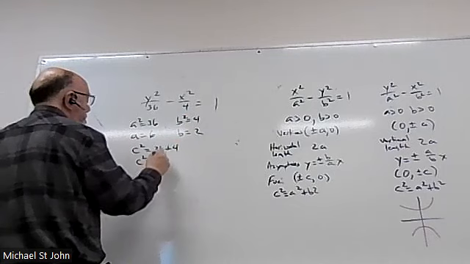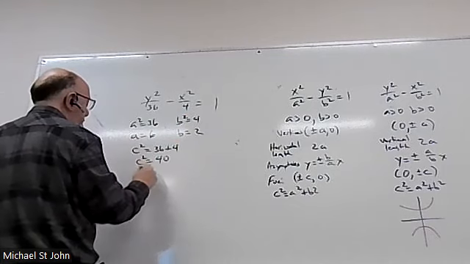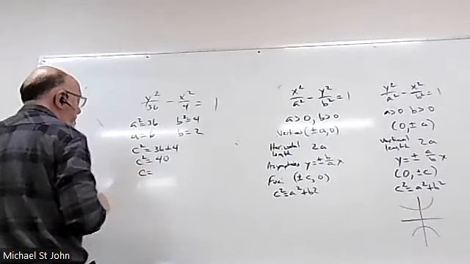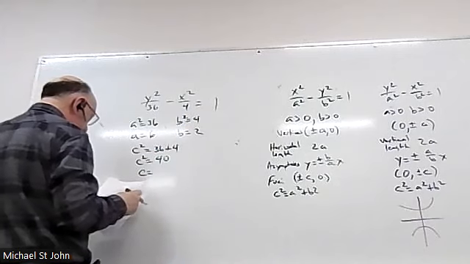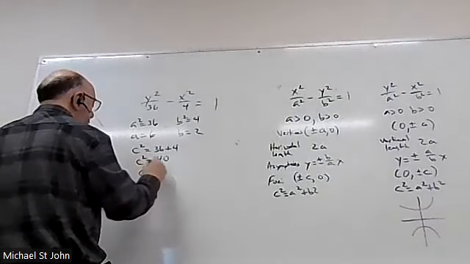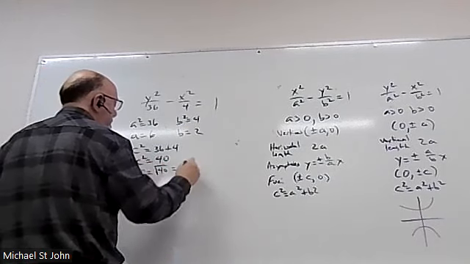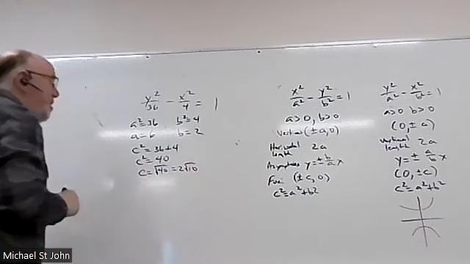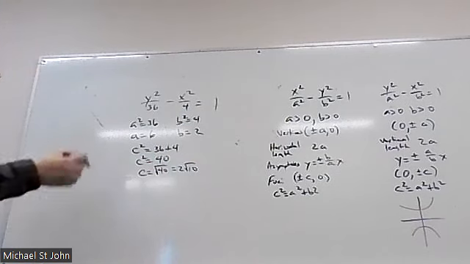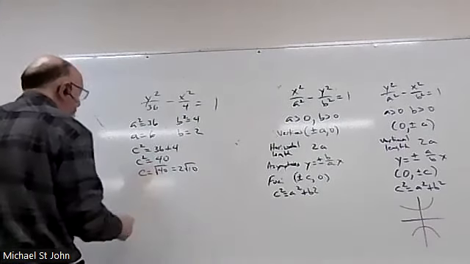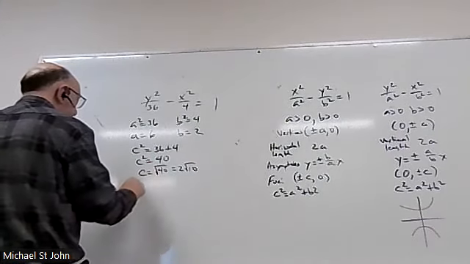So c squared is 40, which means then that c is going to be the square root of 40, which will be 2 square root 10 if I simplify. And again, we can now come up with everything about this one. So we have our vertices.